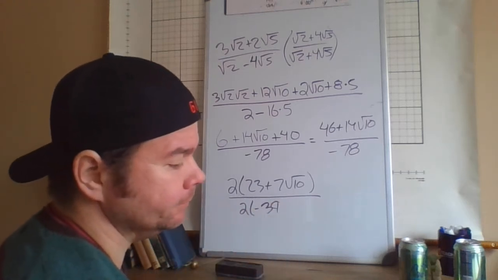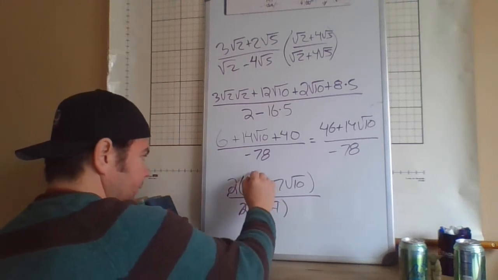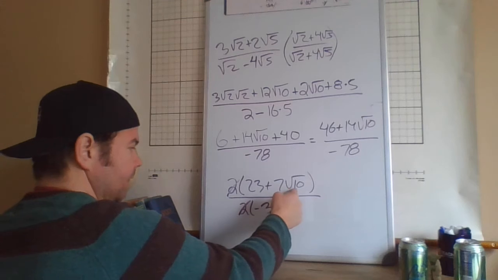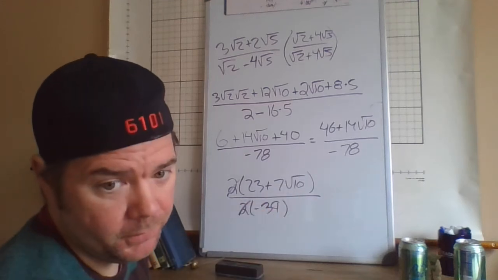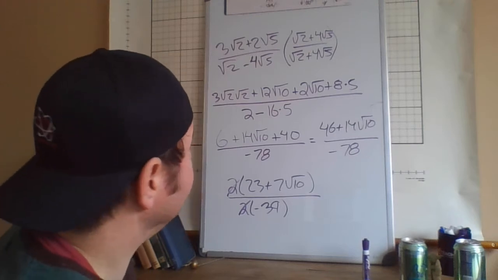Yeah, 39. These 2's cancel, and so your final result is this: (23 + 7√10) divided by negative 39. Whew. They don't get much more extra than that.